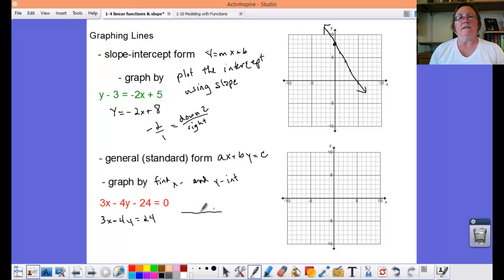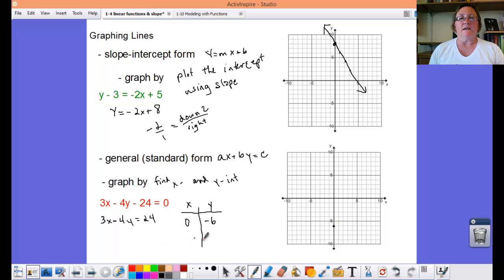I'm going to ask you to think about this. To find the y-intercept, you set x equal to 0 and figure out what y would have to be. So in this equation, if I make x 0, then negative 4 times something gets me 24. That has to be negative 6. So the y-intercept is (0, -6) down here.